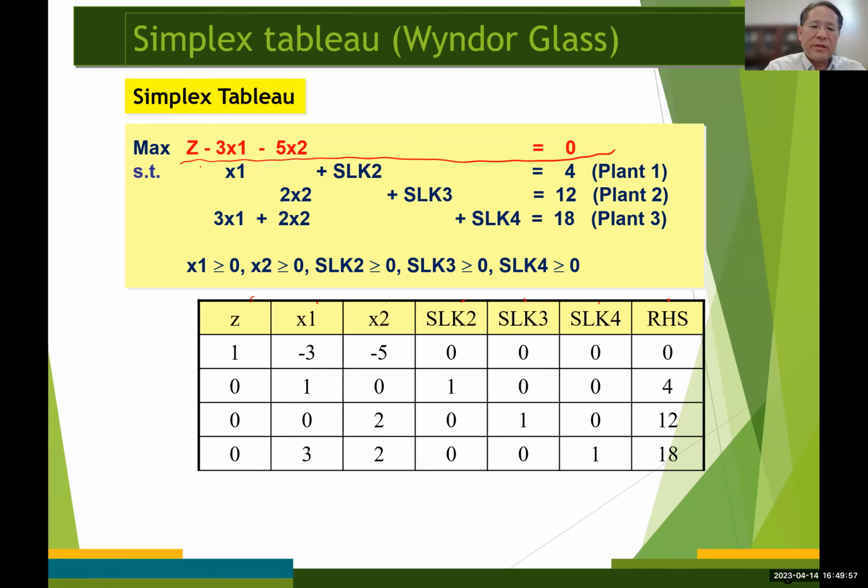So of course, for the G column, it's going to be 1, 0, 0, 0, right? So that's why I have 1, 0, 0, 0. And the X1 column is going to be negative 3, 1, 0, 3, right? And so forth. Of course, our right-hand side values are 0, 4, 12, 18, like this, okay?